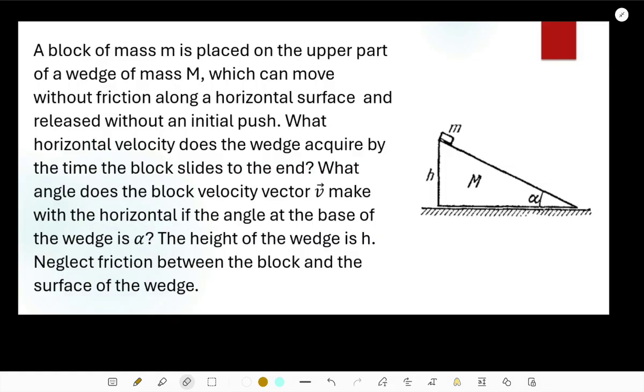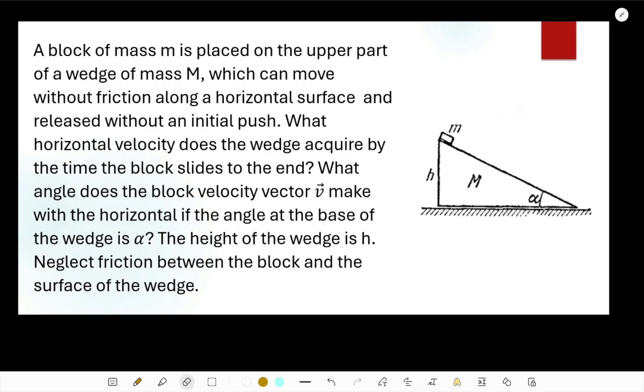You know that the easiest way to answer the question is by using the law of conservation of momentum and energy. However, in this case, the conservation laws alone are not enough.